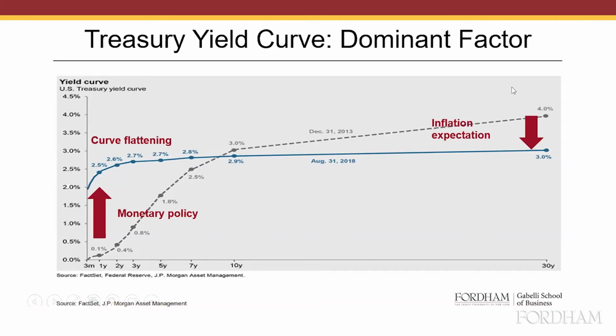Whereas the back end of the curve is highly dependent on the market's inflation expectation. When we see something like this, where the front end interest rate moves up and the back end interest rate comes down, we call this curve flattening.